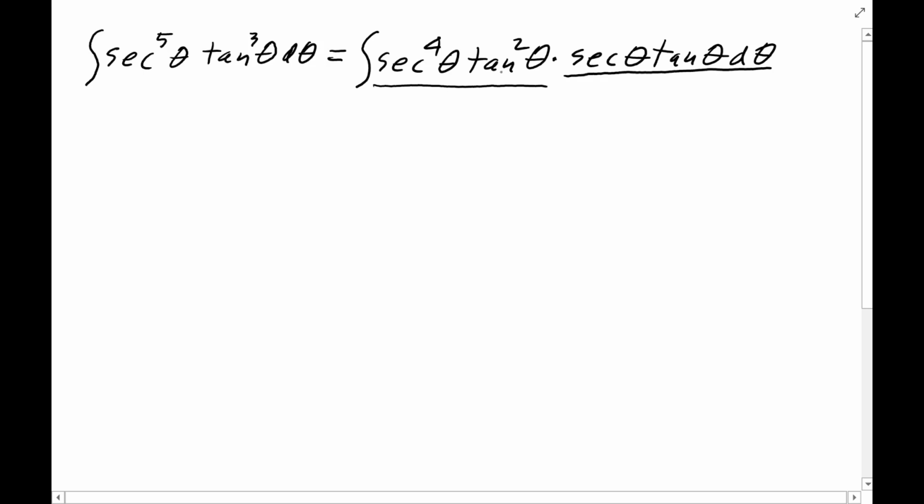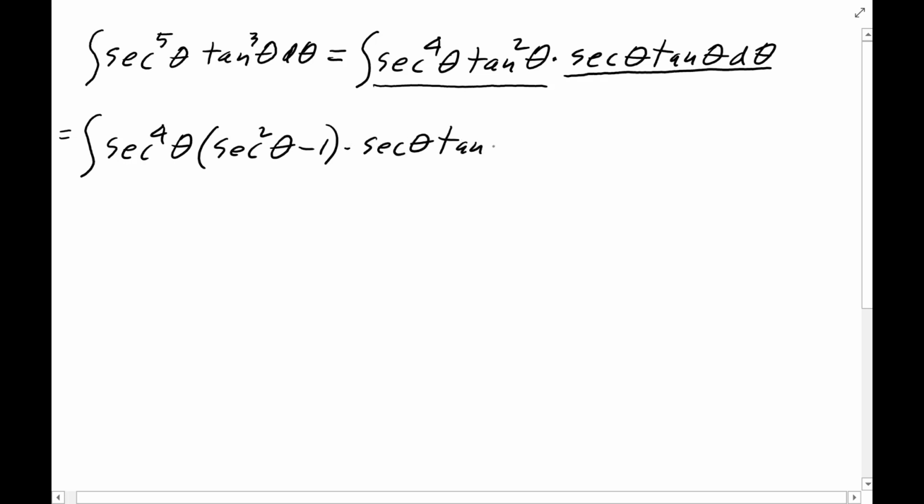But we've got that tangent squared. We're going to get rid of that tangent squared by using that Pythagorean identity again. Tangent squared is going to be secant squared theta minus 1. Then we've got this secant theta tangent theta d theta.